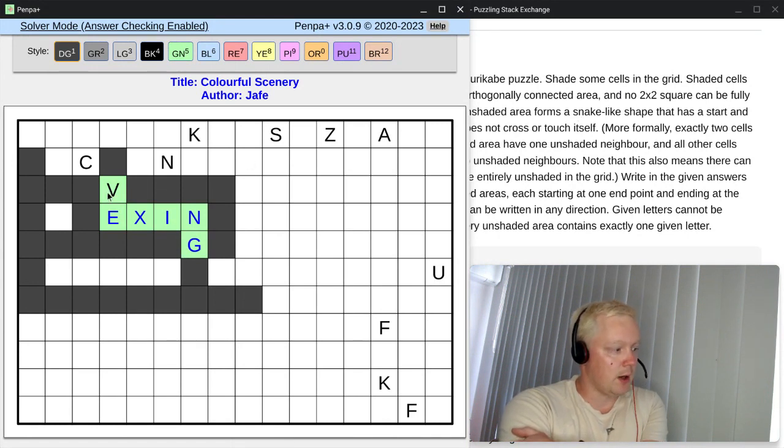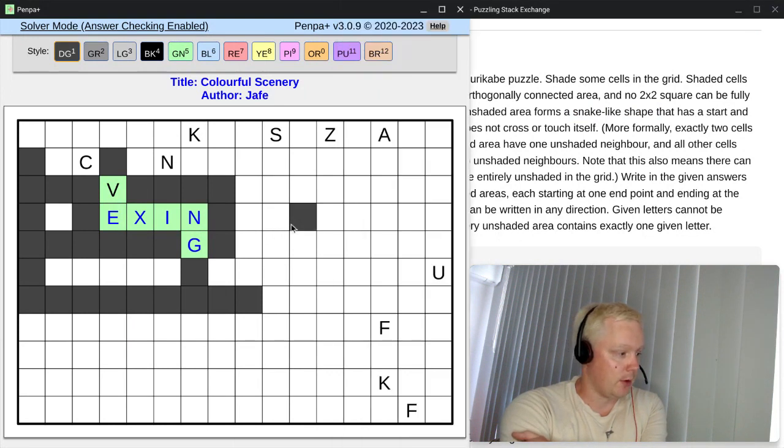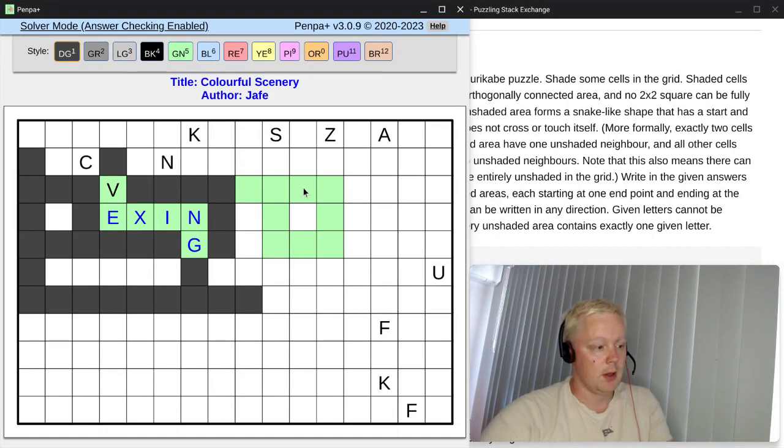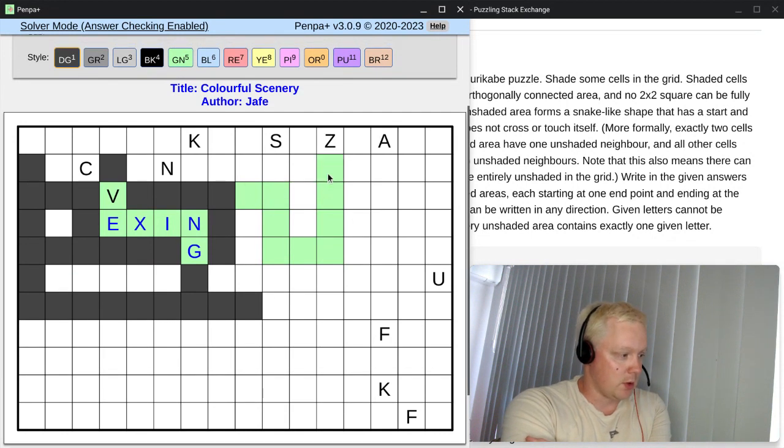And these unshaded areas form, how was it? A snake-like shape that doesn't cross itself or touch itself. So it can't do something like this, where these cells touch one another, even though the letters in them are not neighbors. So this we cannot do. So we could do something like this. This is an endpoint.